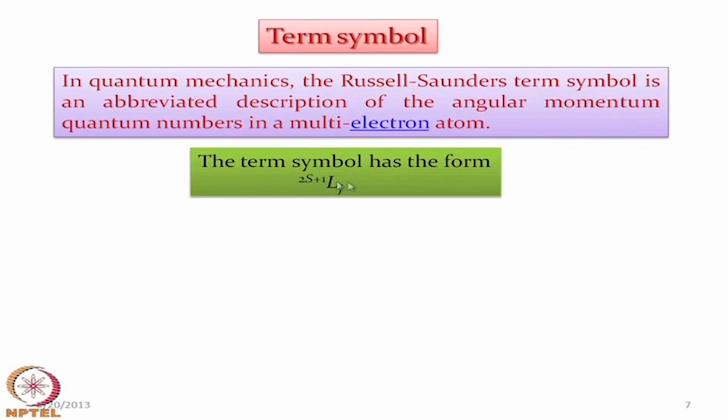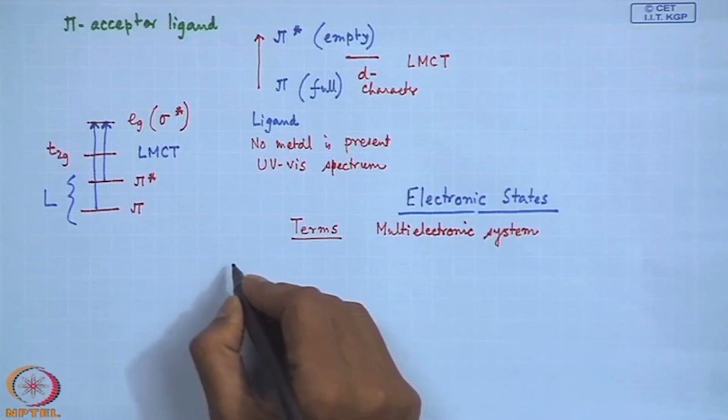We will define the term symbol in the form 2S plus 1, where S is the total spin value, along with the L value and the J value, which comes from the coupling scheme between L and S. This coupling scheme is known as the Russell-Saunders coupling.